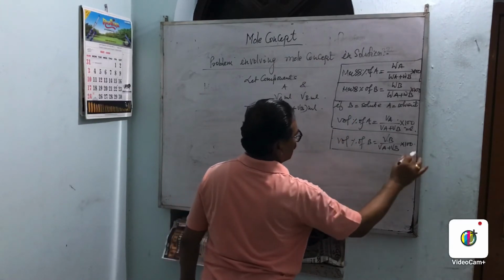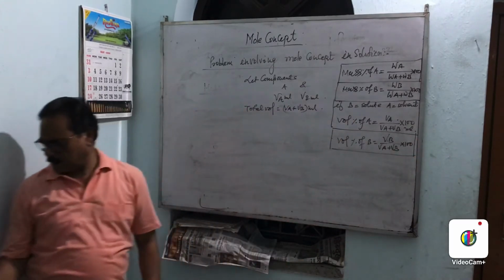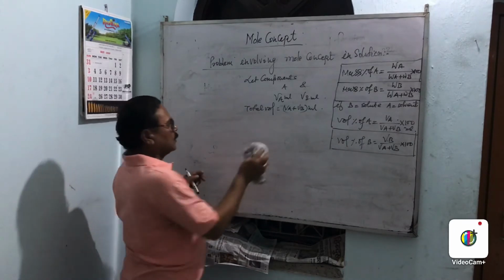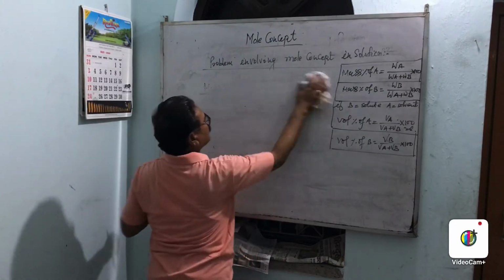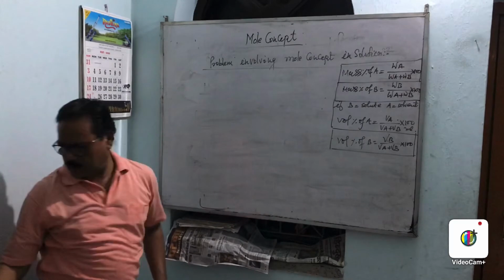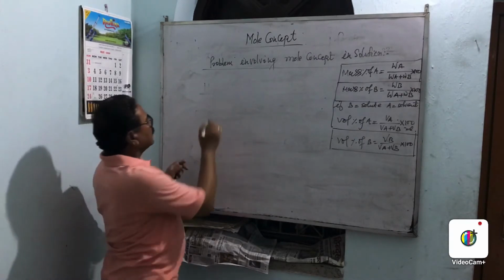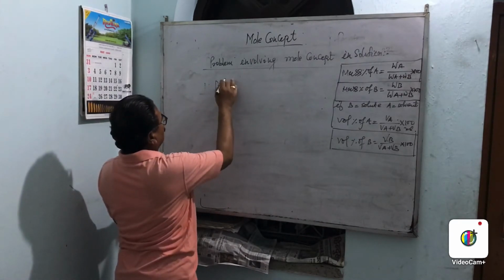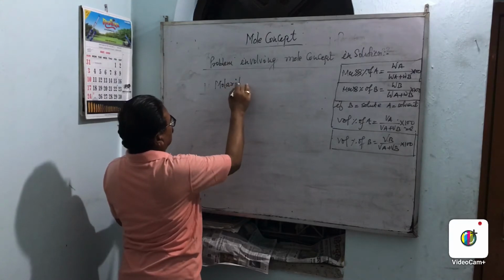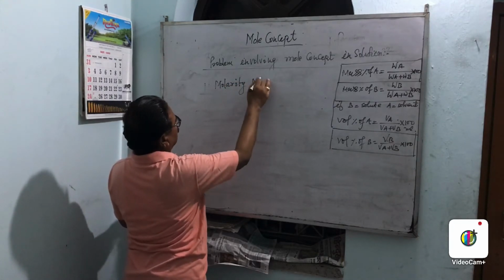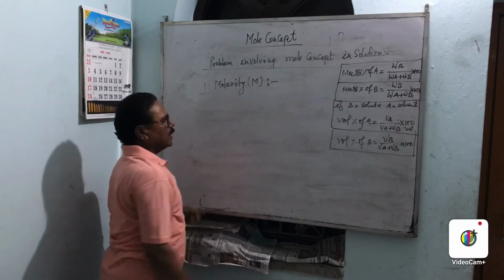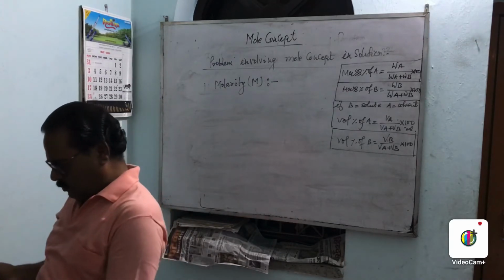Now we come to the term molarity. This molarity is denoted by capital M. This is the new term for you.